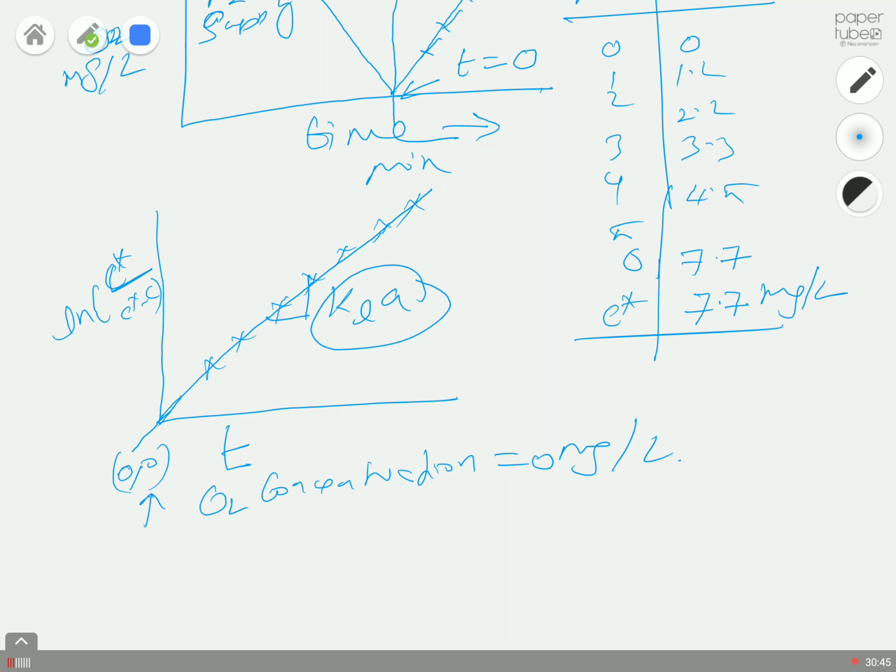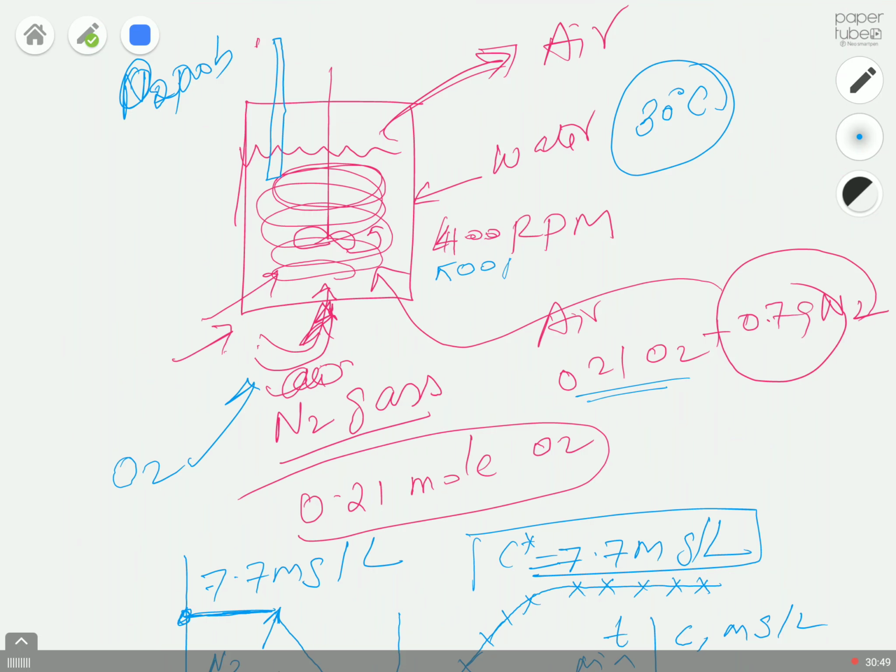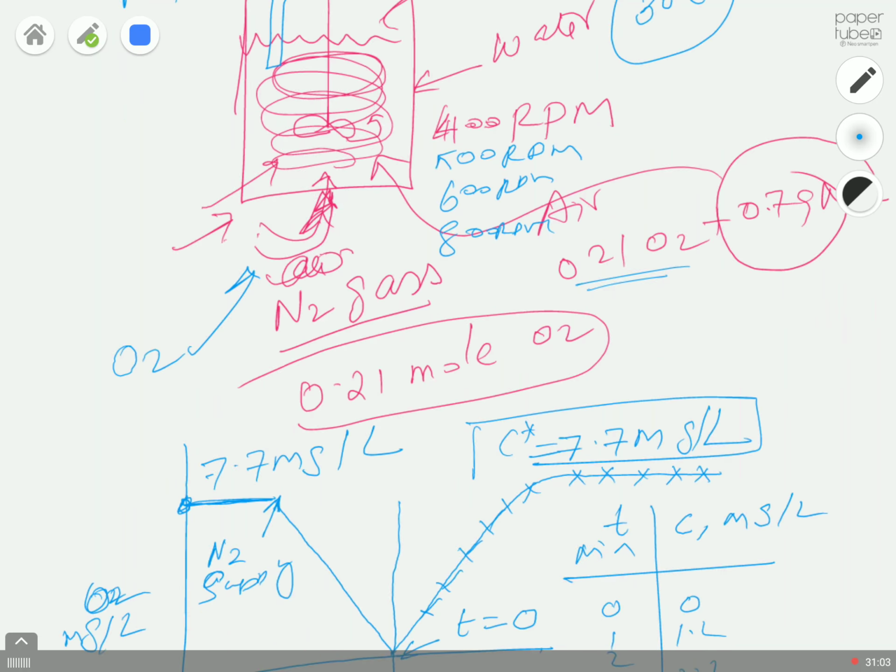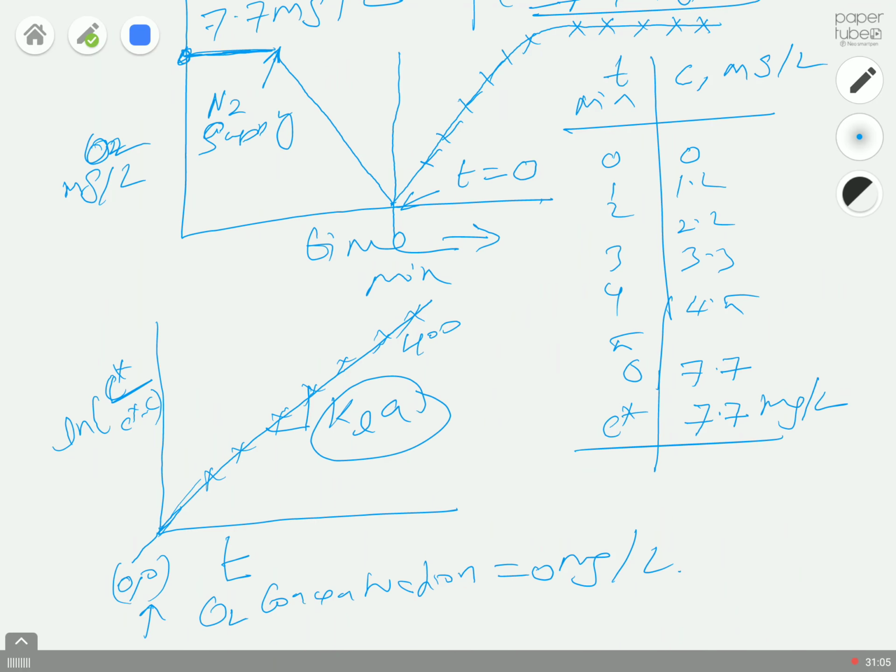So you repeat one more experiment. This time you start your experiment from 500 rpm, and then you do one more experiment, say 600 rpm, say 800 rpm, and say this is for 400. If you do the same experiment and plot, you will get something like 500, 600, 800.